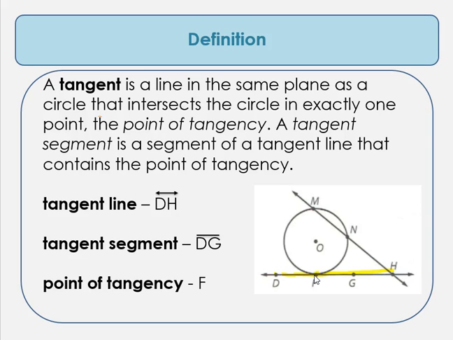The important thing is that you use the symbols correctly to go along with your definitions. So a tangent line will have the double-sided arrow over it. A tangent segment will have your straight line over it. A point of tangency is simply named by the letter of the point.